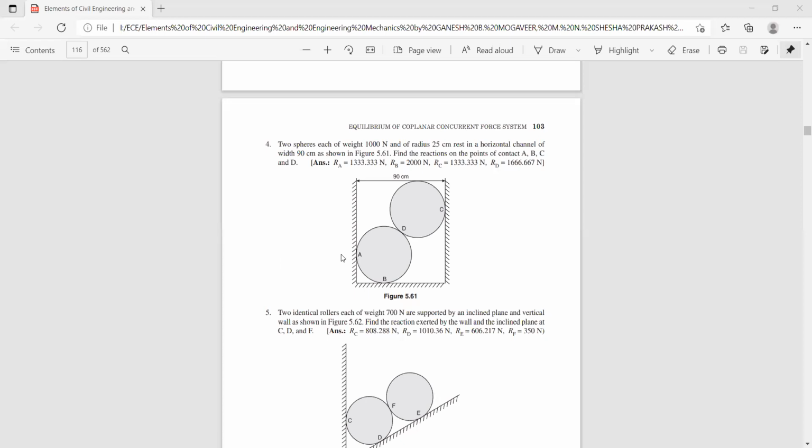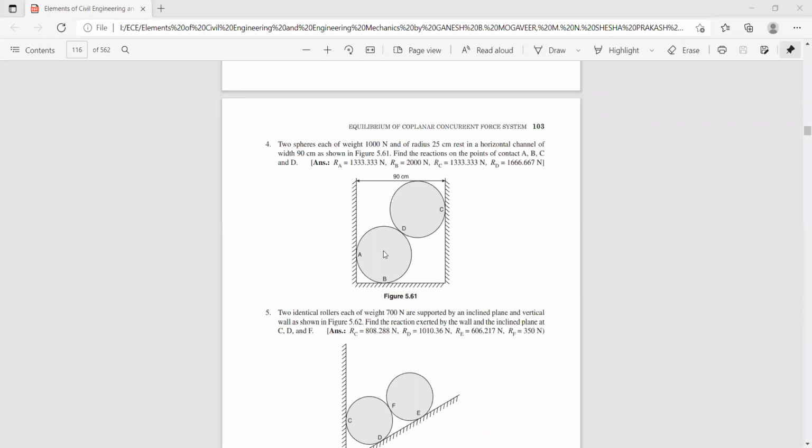Now you have a reaction like this, RA, acting in the positive direction, RB from the bottom of the sphere acting vertically upwards, and a reaction RD like this, and this angle you have found is 36.86, correct?